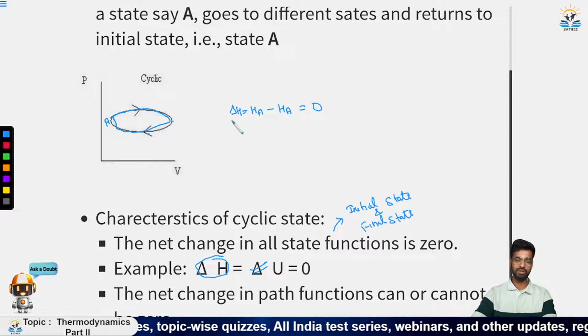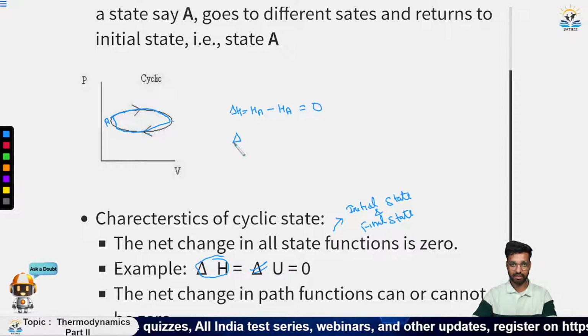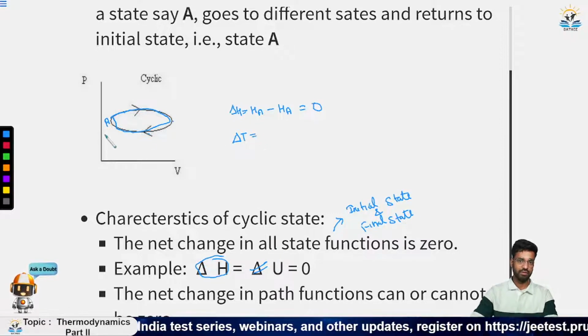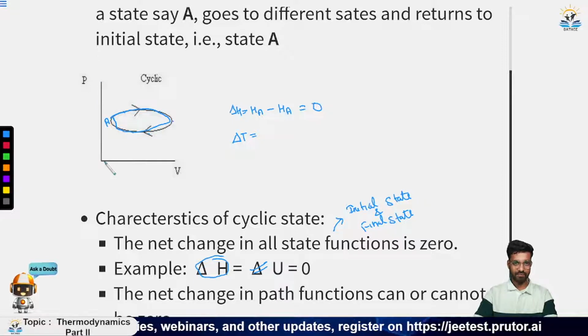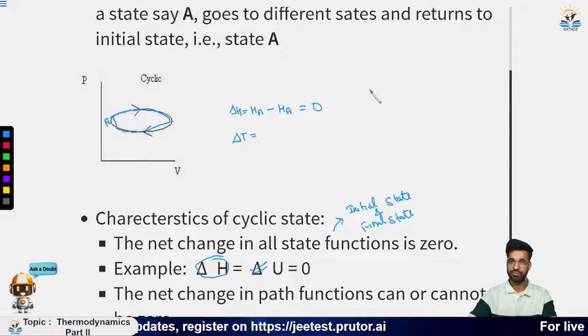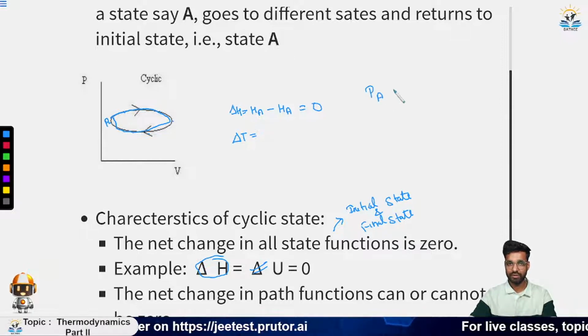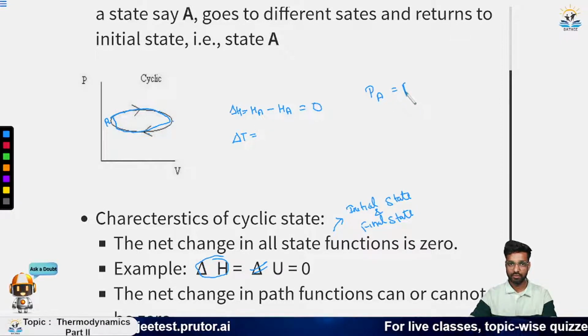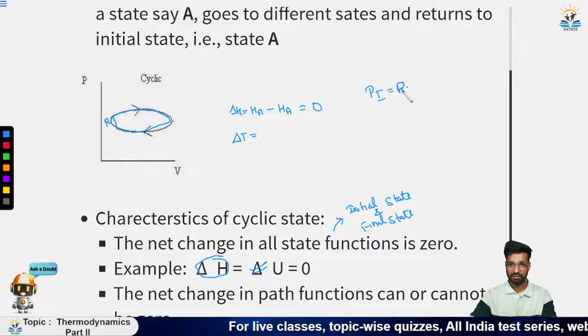If you want a simpler example, let us take the case of temperature. Since it is a PV diagram, for this point, P initial is equal to P final is equal to PA.